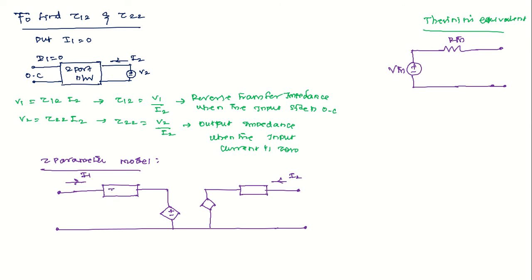This value is called Z11, this value is called Z22, and here this is also plus and minus. This value is called Z12, and this value is called Z21, Z12 as well as Z22.